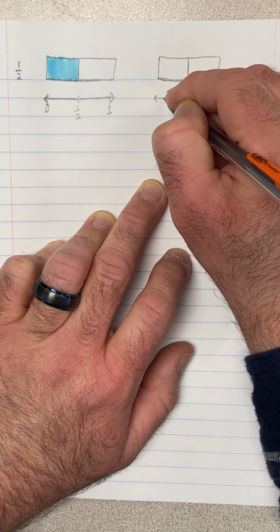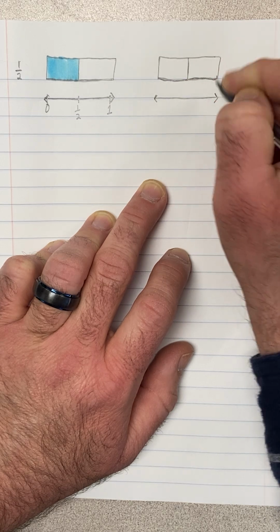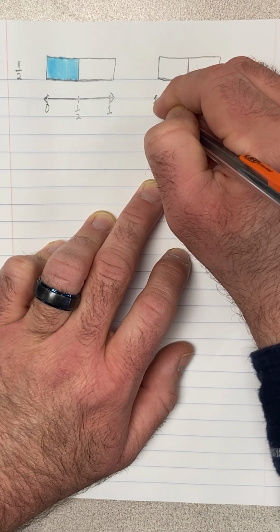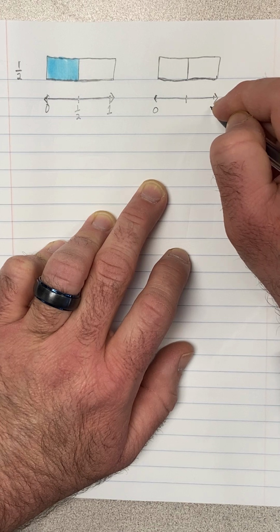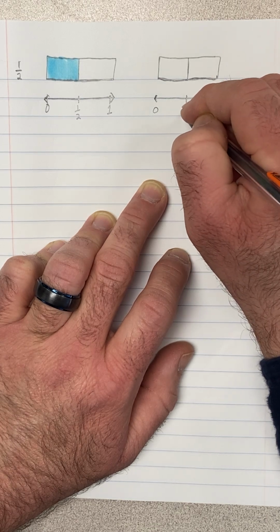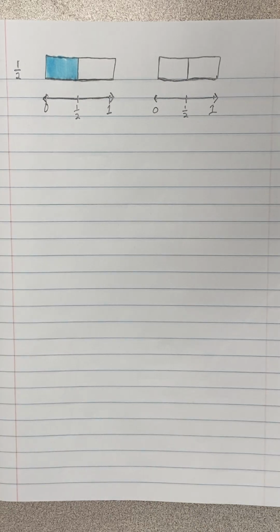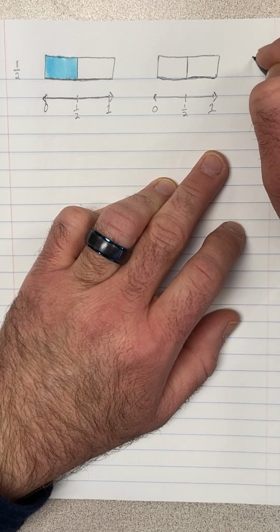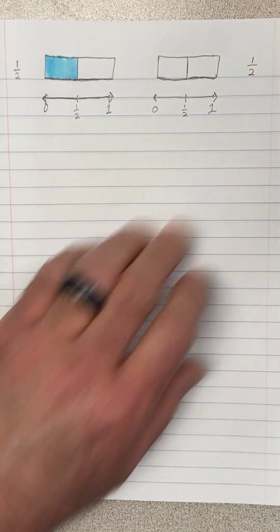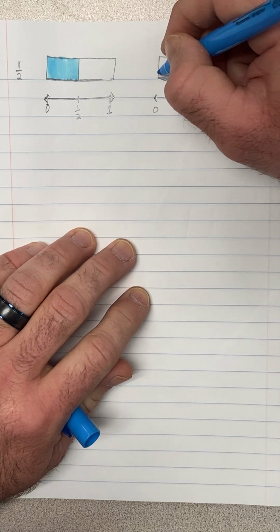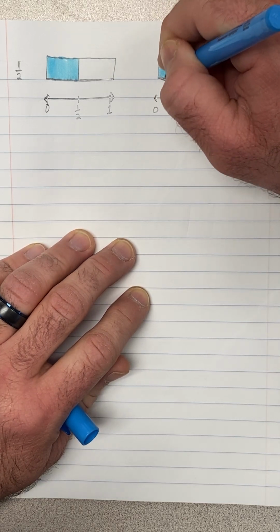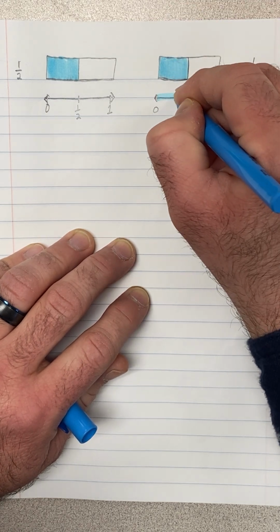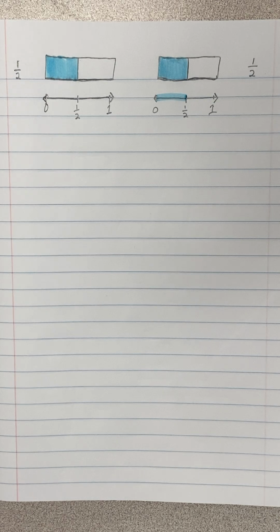Then I'm going to make another number line and part it exactly like I did the first one. Okay. So let's look at the fraction 1/2. I'm going to shade in 1/2 of this one, color in 1/2 of this one.